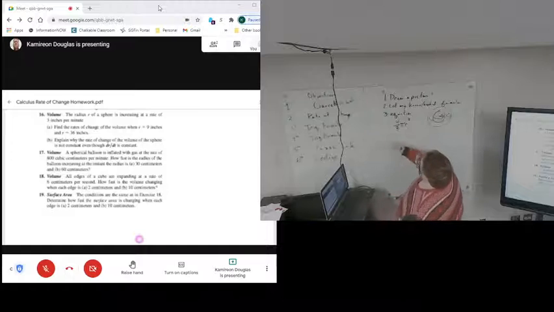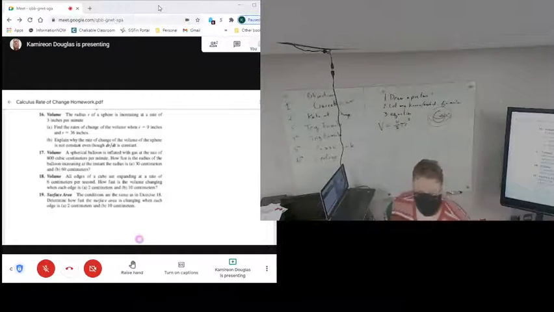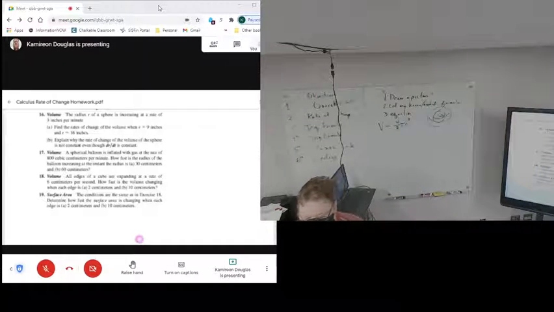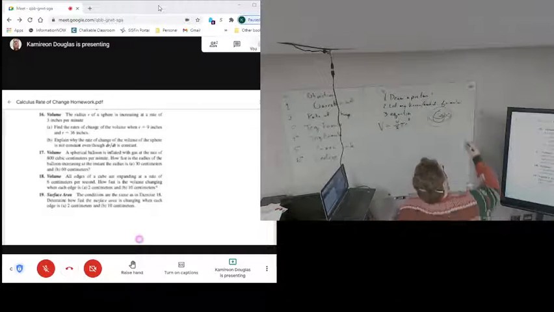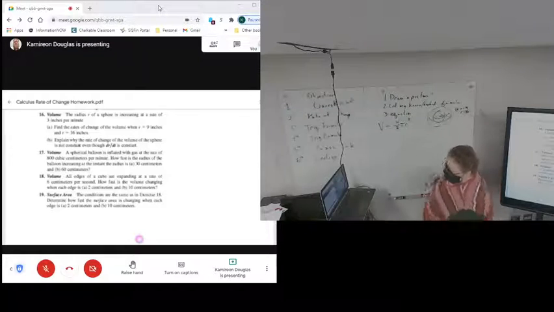Okay. This is V equals 4/3 pi r cubed, and that's needed for this problem. What does it tell us in the problem? Specifically we're looking at when r equals 9 and r equals 36. Okay, what else?